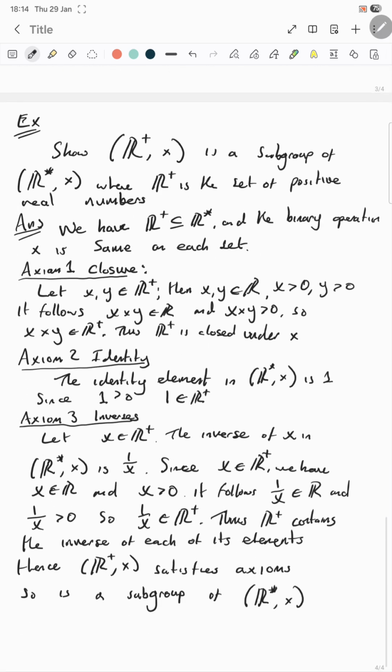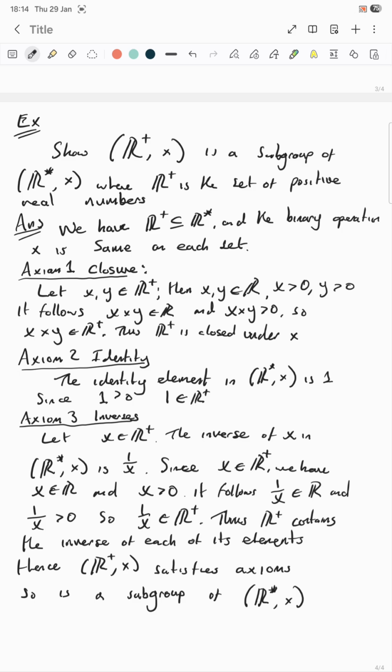Now here's another example. We'll show the positive real numbers under multiplication is a subgroup of the non-zero real numbers under multiplication. Our positive real numbers R plus is a subset of R star, the real numbers without 0, and the binary operation multiplication is the same on each set.